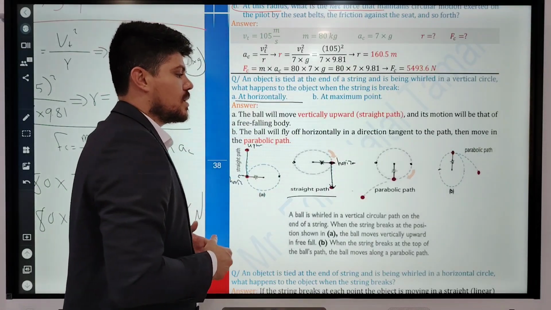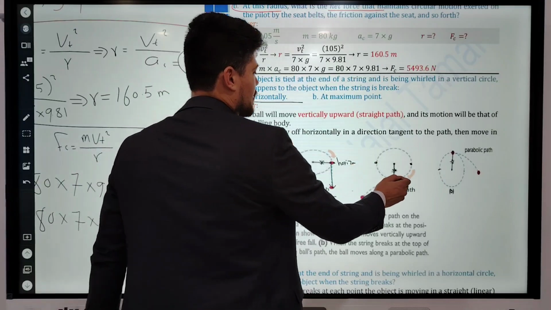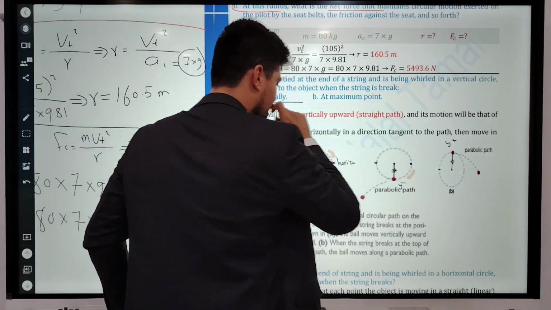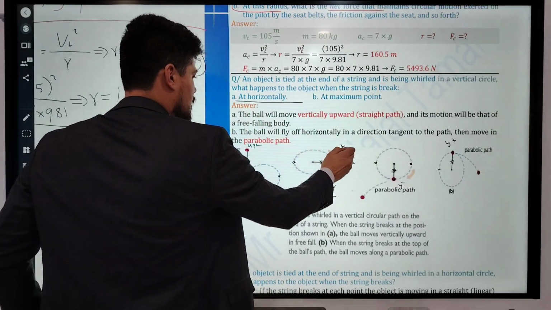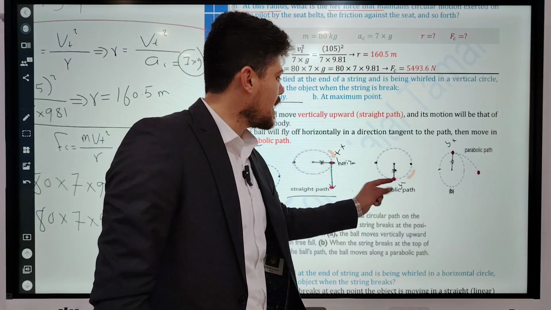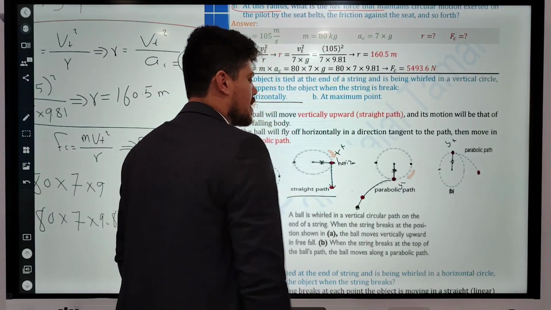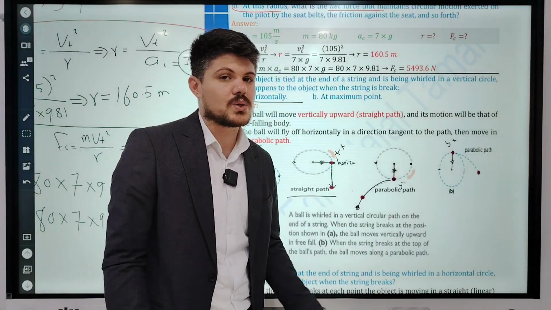But in the case when the string breaks at a vertical point, y negative or y positive, when we say horizontal, x negative or x positive, when the string breaks at y negative, the object moves in a parabolic path. Why? Because of the gravity.